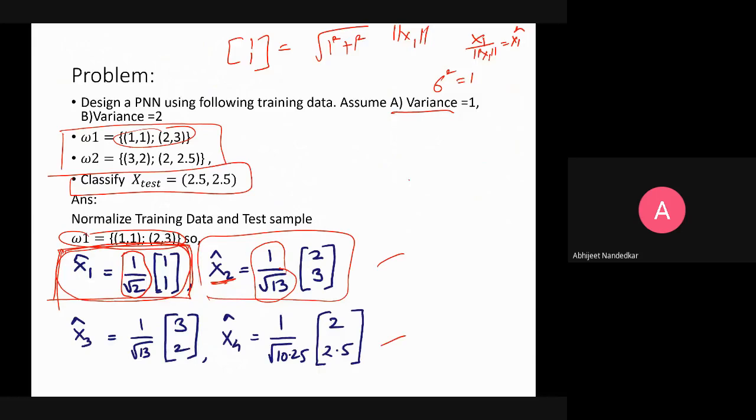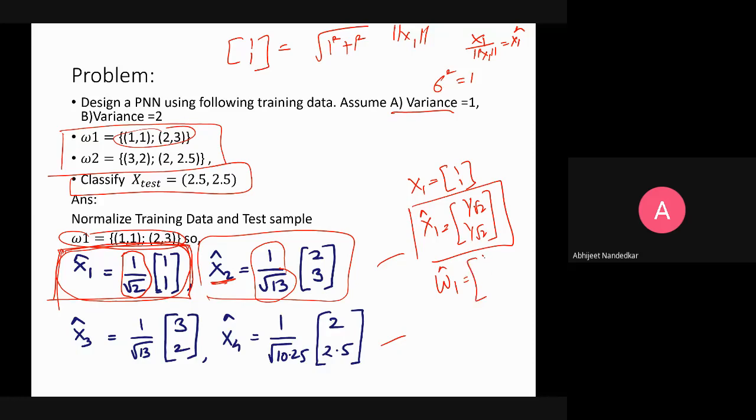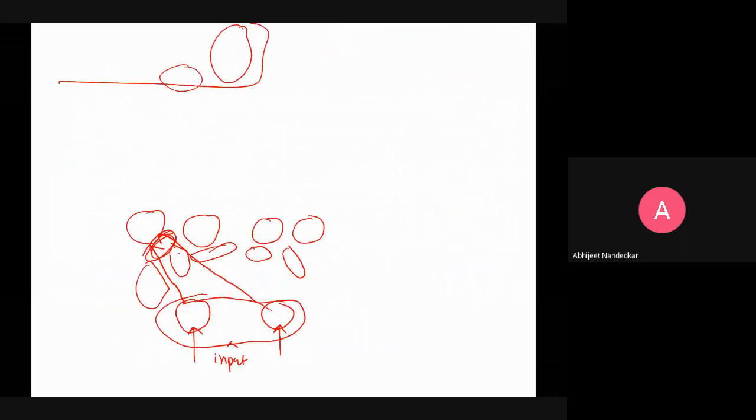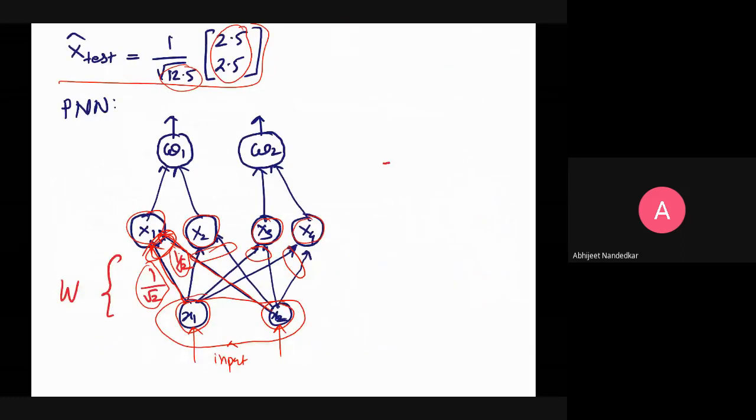The first training sample was 1 1. Its normalized form is 1 over root 2, 1 over root 2. So this will be my weight vector for node number 1. So you will write 1 over root 2 here and 1 over root 2 here.